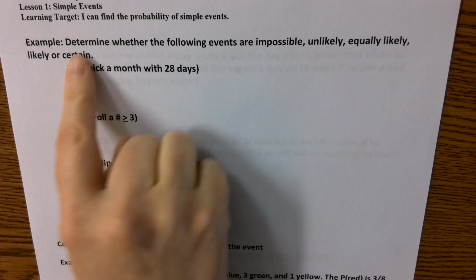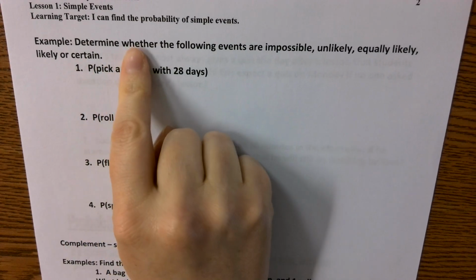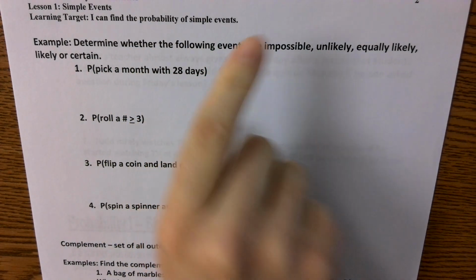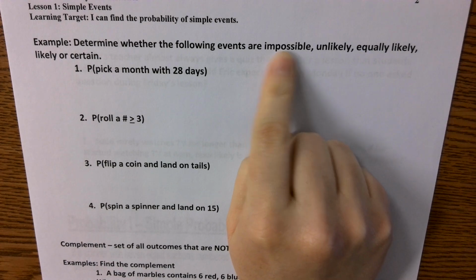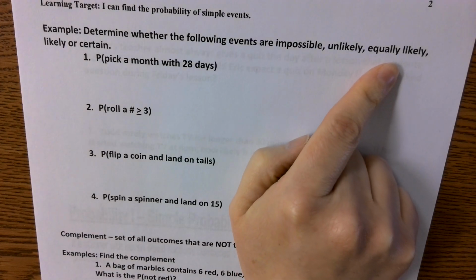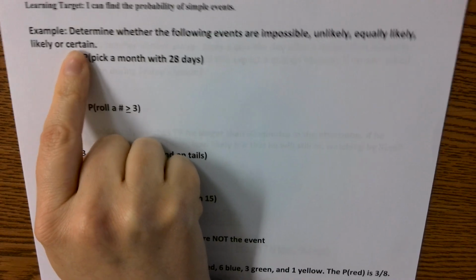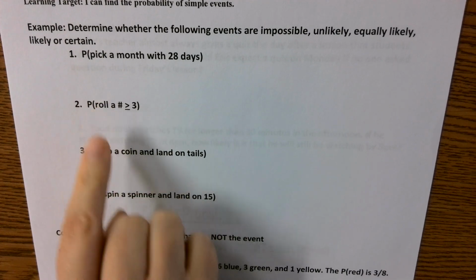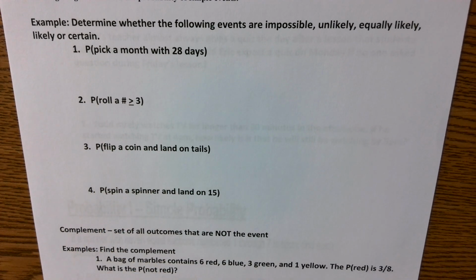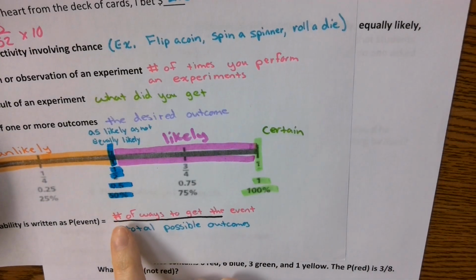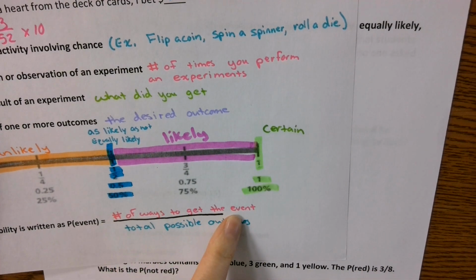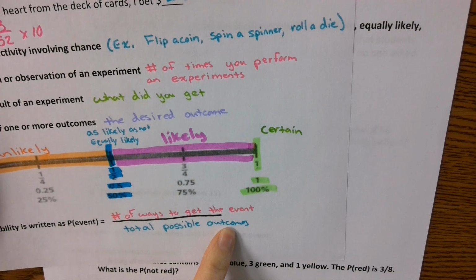So for the following problems, we're going to determine whether the following events are considered to be impossible, unlikely, equally likely, likely, or certain. So you're going to look at each one of these desired events and find what the probability would be, based off of the fact that we just identified that probability can be found as the number of ways to get that event over the total possible outcomes.